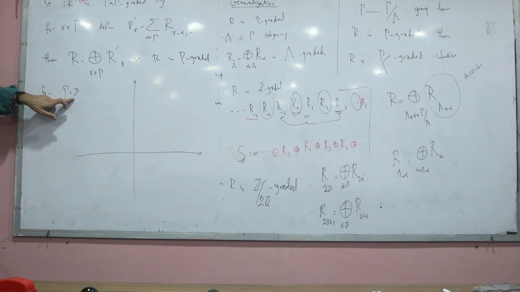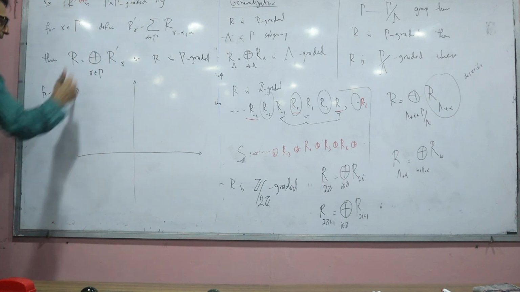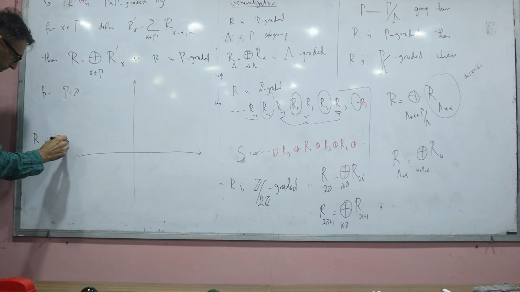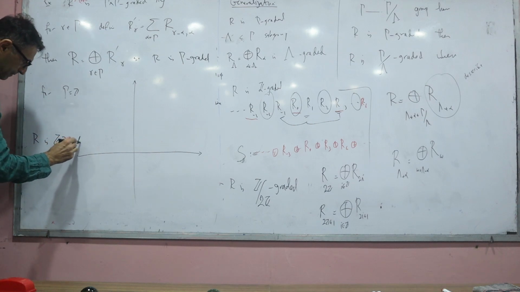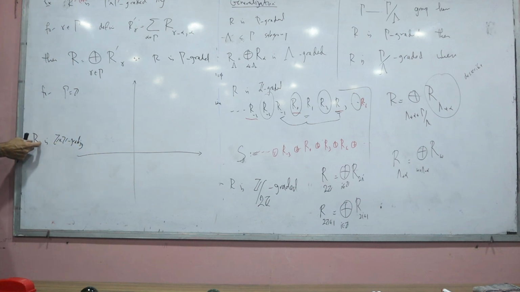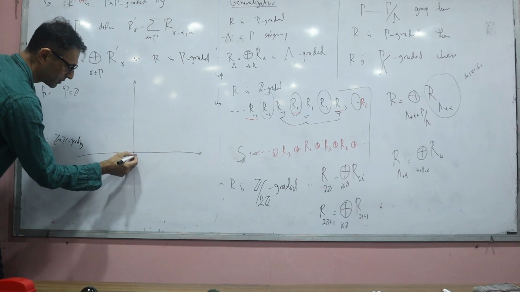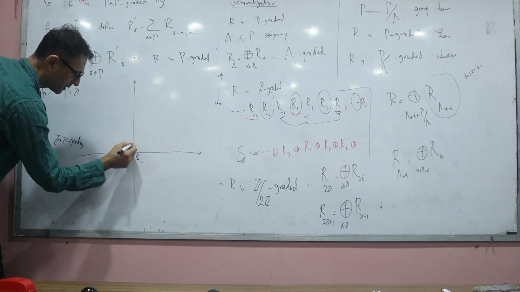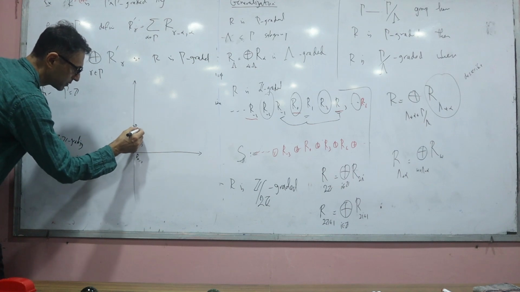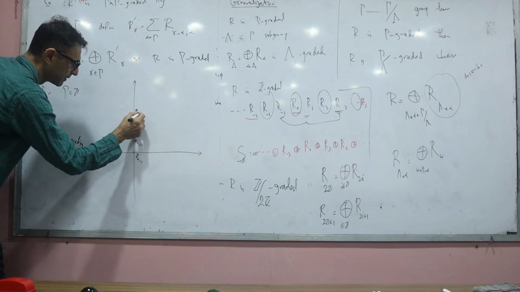Imagine Gamma is Z. So you have a Z times Z grade. That means in each component you have some R. So here is R00, here is R01, R02, and so on.